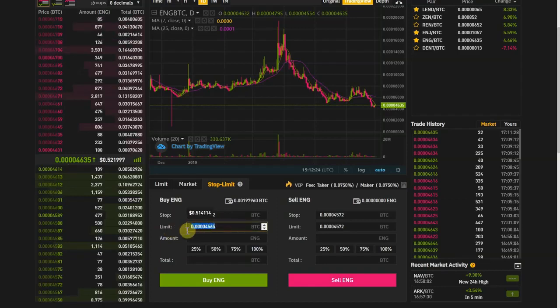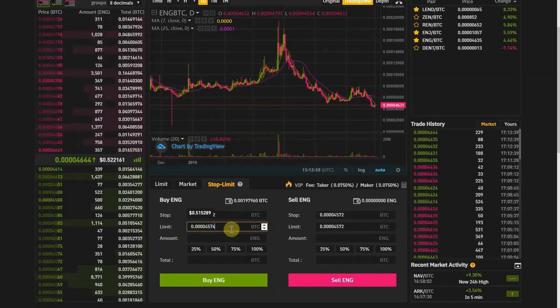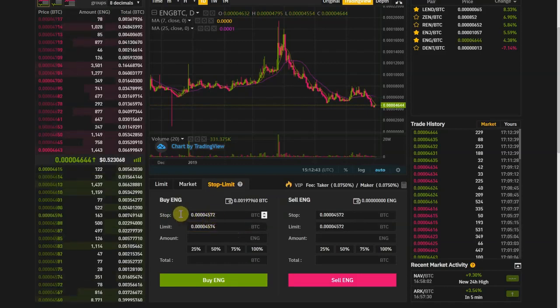It's not guaranteed that it's going to fill the order. If you put 74, that's like, if it gets to this price, you would probably find an offer to get this. Okay, I think it's pretty easy to understand like this.